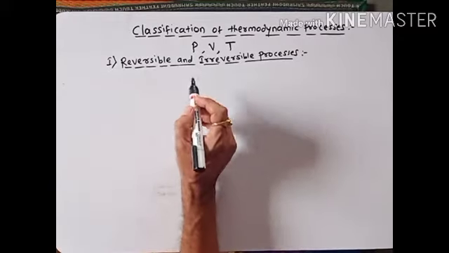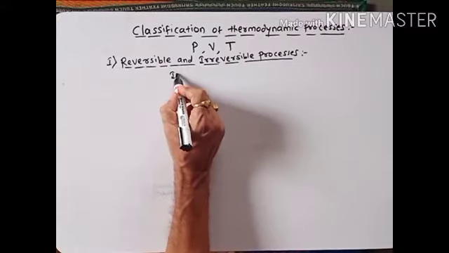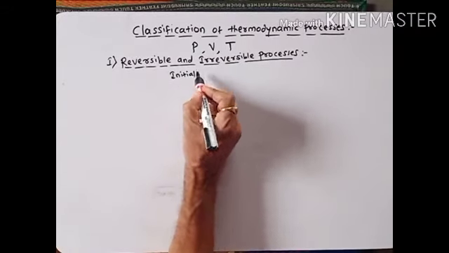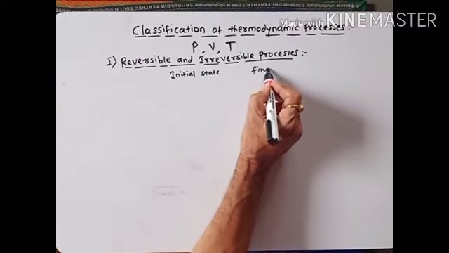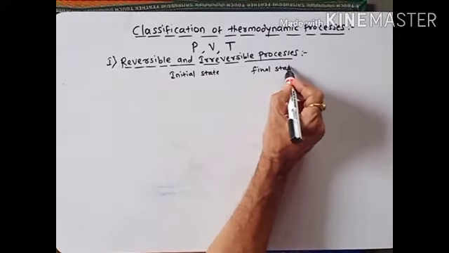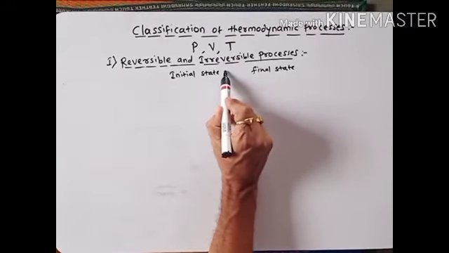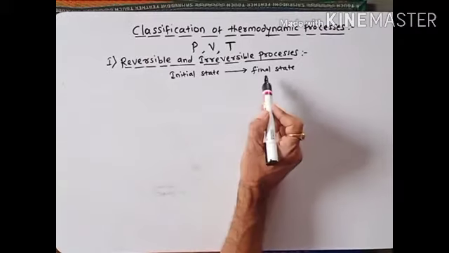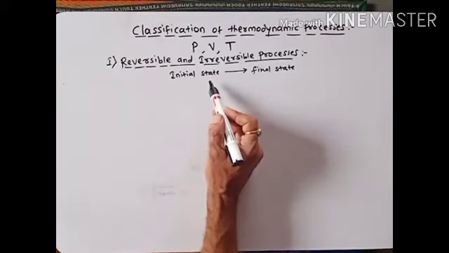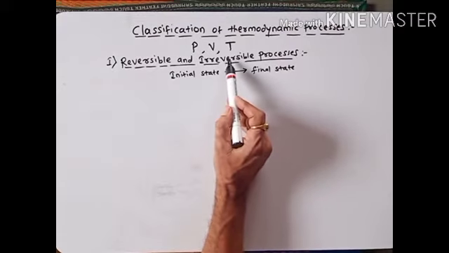Here the process which does not restore its initial state. You know, there are two states, initial state and final state. Suppose any system is in initial state and it goes to final state, and if in a reverse way the initial state does not restore, then that type of process is called an irreversible process.